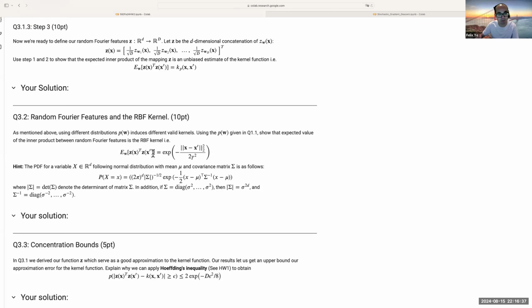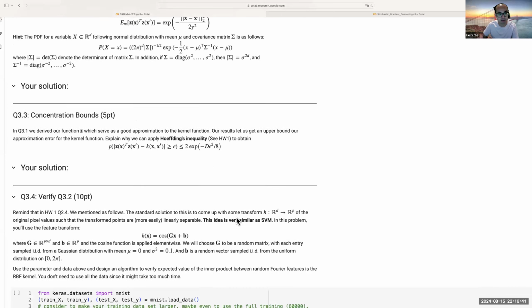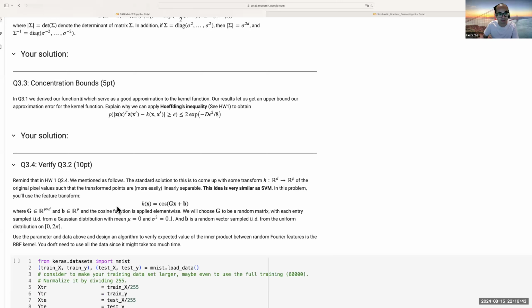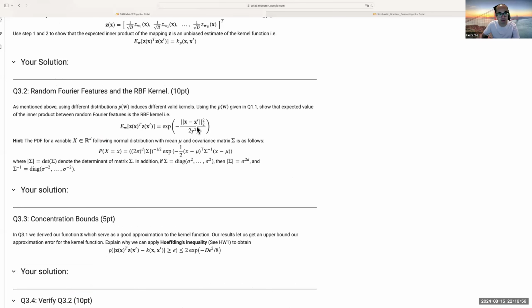Of course, you need to show what this gamma is based on the Gaussian distribution that you choose, and also the uniform distribution for the B. You can actually calculate this gamma right here, if you need it.